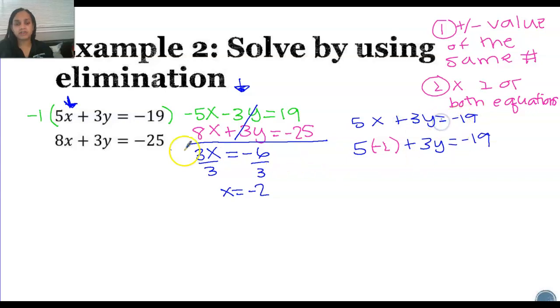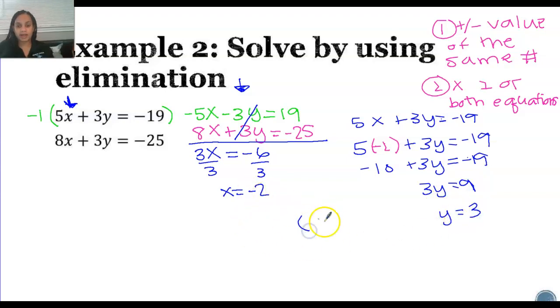And yes, I could have chosen the other one. It just depends on what you find easier. And finish solving it. So add 10 on both sides, and then divide by 3. So my answer is the coordinate pair, negative 2, 3.